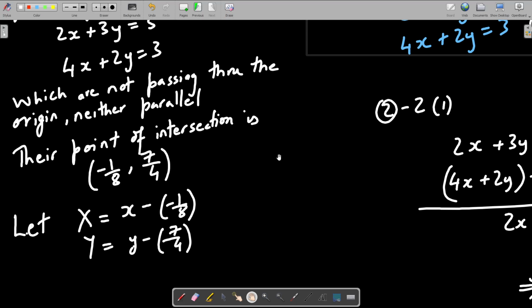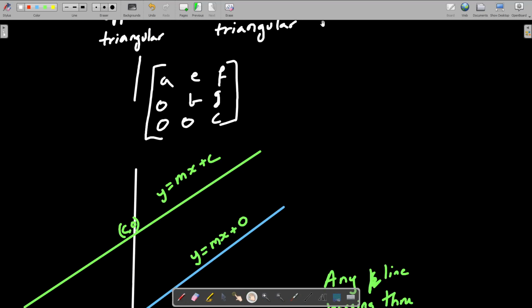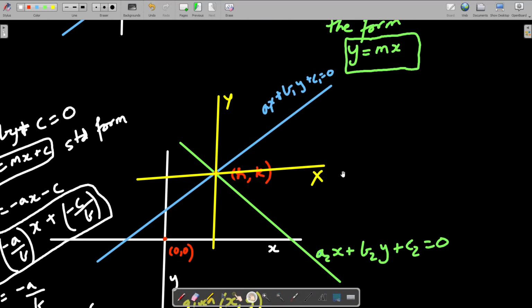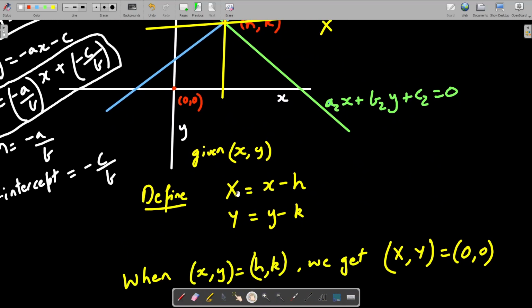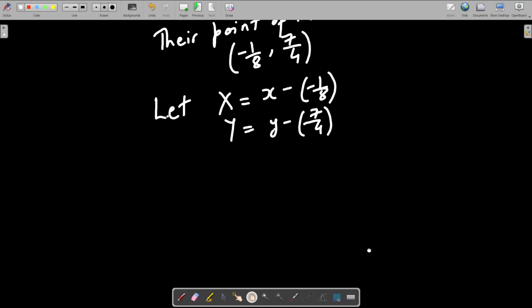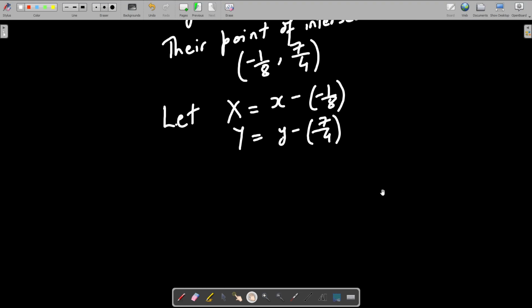Going back to the diagram, my intention was to make capital X and capital Y become 0 at the point of intersection h, k. That's why I've done a subtraction here. Keep that in mind. So if this is your substitution, then what will happen next?